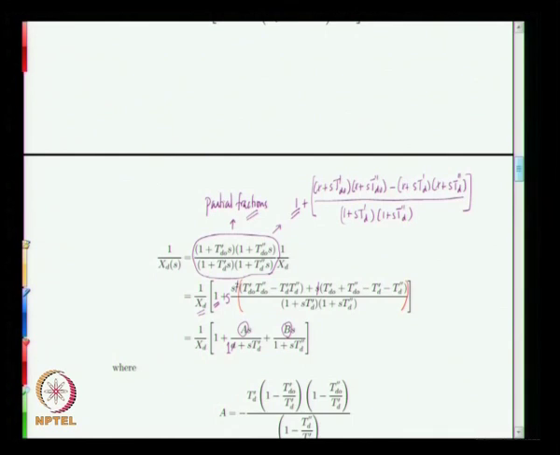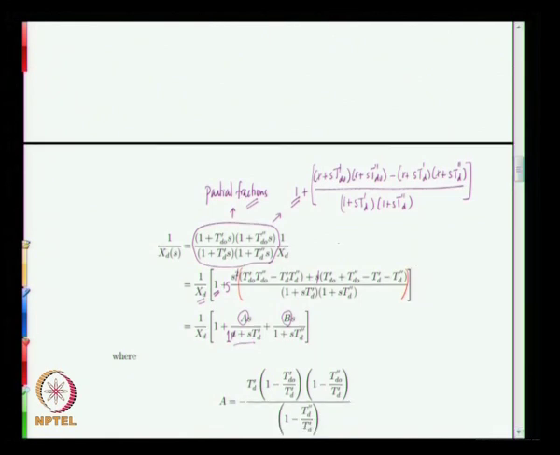How do we do that? In order to determine A, we multiply this expression by (1 plus s T'd) and substitute s equal to minus 1 over T'd, and what happens if we do that? So let us substitute s equal to minus 1 by T'd.